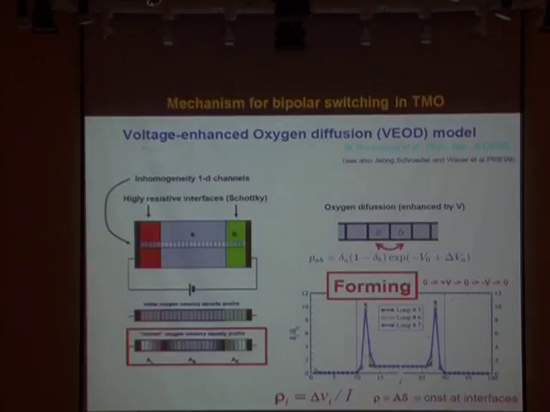So this is not, in principle, included in the model described by Maria and Marcelo, because this was discussed, I think, yesterday. This is a steady state model. So something new is needed to describe this time evolution.